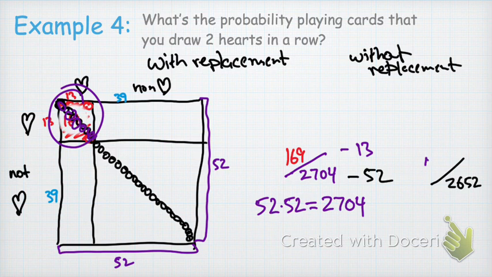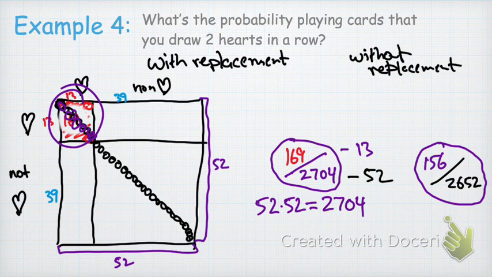So then there'd be 156 ways of getting something we're interested in, and 2,652 total ways of getting cards. And so that would be the probability if you didn't allow replacement. So anyway, just small little wrinkles you got to think about with some of these questions.